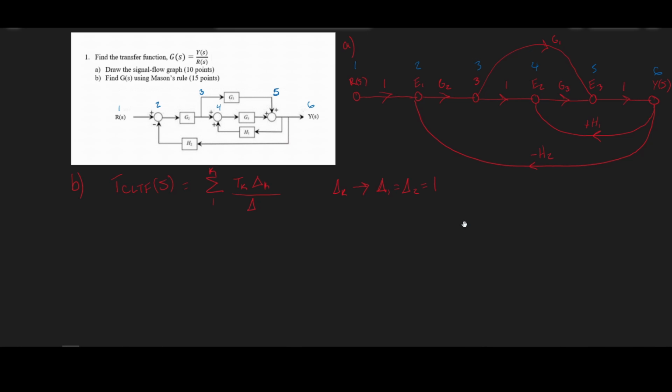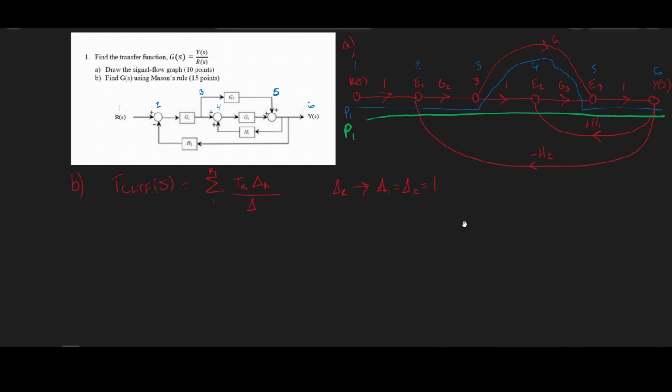And first, we want to find the gains of the forward paths. We have two forward paths. We'll have this path 1. It's going to go across and up and over. And then path 2 is just straight across.